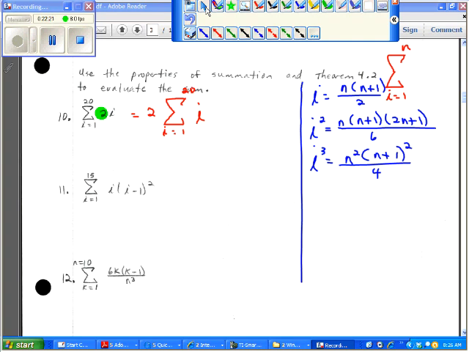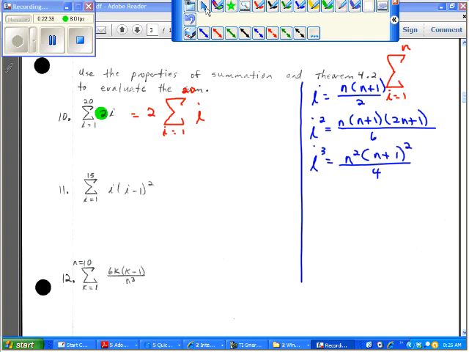So we have the sum as i runs from 1 to 20 of 2i is equal to 2 times the sum as i runs from 1 to 20 of i. So we pulled out that constant.